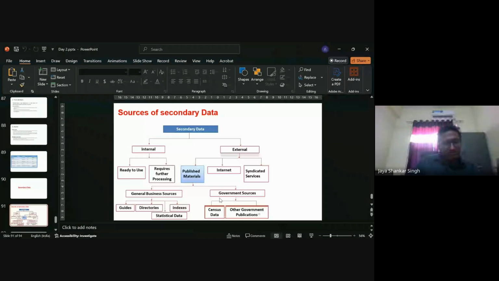Published data, as a researcher, go to Scholar, those are a source of secondary data. Census data, other government publications. Nowadays, because of the RTI and everything, we can find a lot of data available on the government website itself, be it the electrification of villages or all the cities, every data, whatever activity the government is doing, most of the good things are being published online. So you can use all those data to understand.